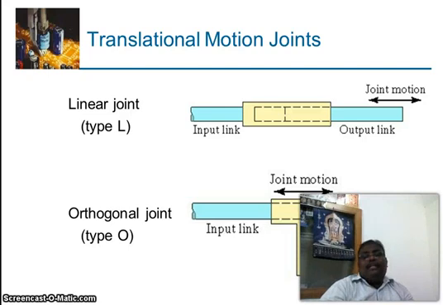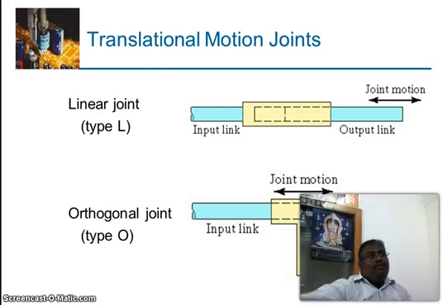One good example is an aerial. In a transmitter aerial, a telescopic type joint is there. It moves linearly: one cylinder extends, and at the end of that portion the other cylinder opens. So it is a type of telescopic joint.